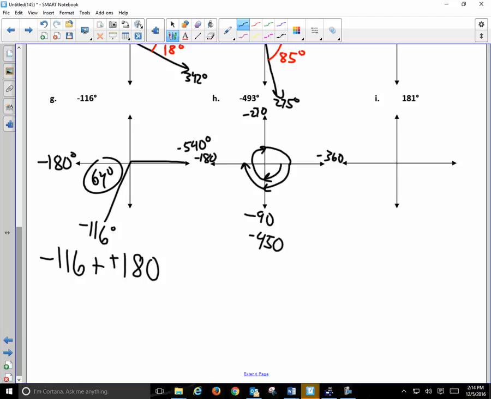So which quadrant will negative 493 place you in? Into the third quadrant. Because it's between negative 450 and negative 540. So how do I find the reference angle? I take the larger minus the smaller. Negative 493 minus negative 540. And 47?